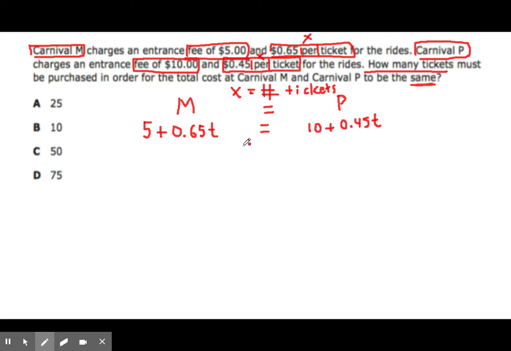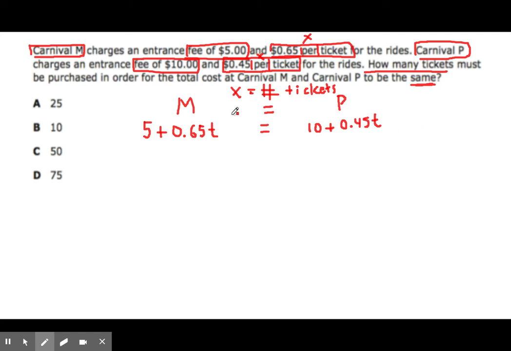All right, so here's our equation. So 5 plus 0.65 times T is equal to 10 plus 0.45 times T. So now we need to solve it. So again, I've got variables on each side. I want to get rid of the side that has the least amount of t's, or the least amount of variables.